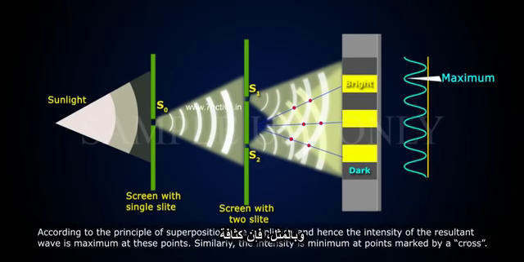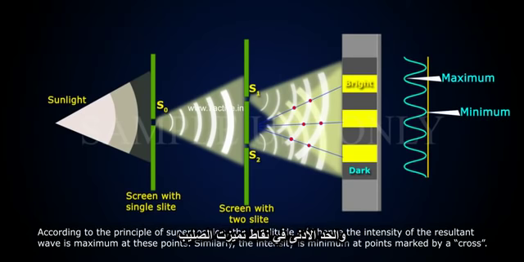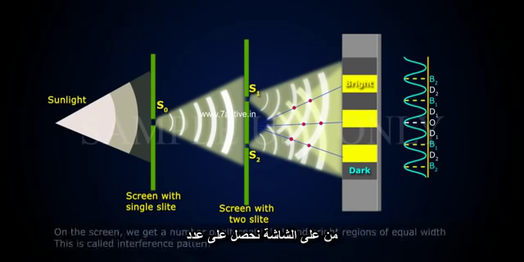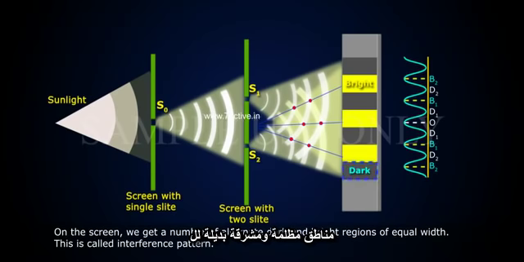Similarly, the intensity is minimum at points marked by a cross. Thus, the resultant intensity is maximum along the lines connecting the circles. On the screen we get a number of alternate dark and bright regions of equal width. This is called the interference pattern.